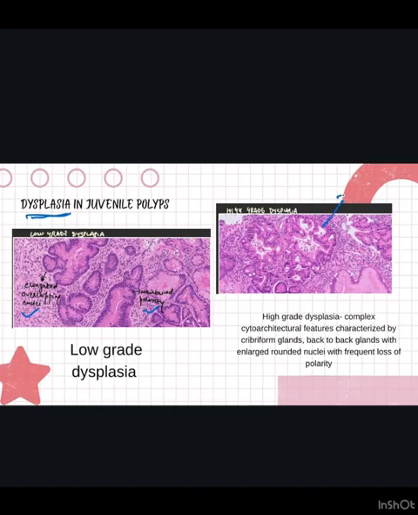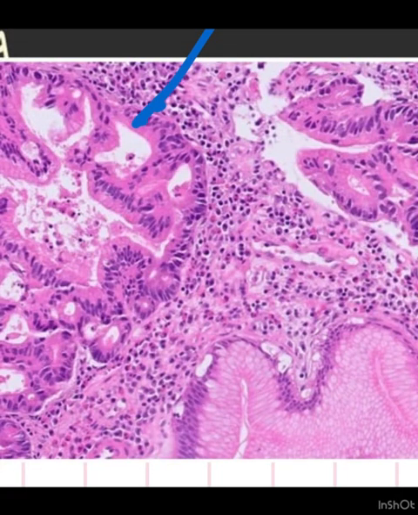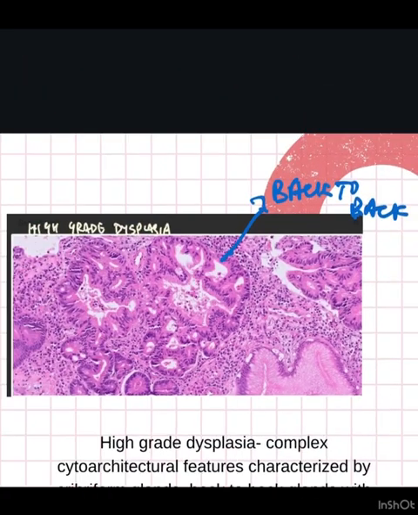As you can see here, these glands are back-to-back. There is no space between them. They are in a cribriform architecture and there are round nuclei and frequent loss of polarity. So as you can see here, there is no polarity which is present.